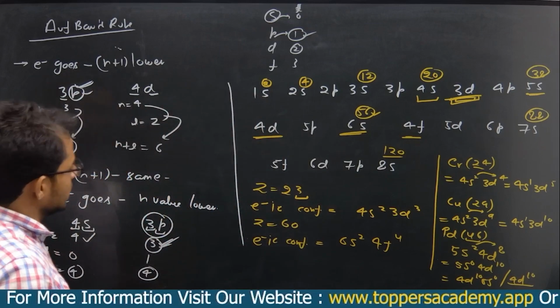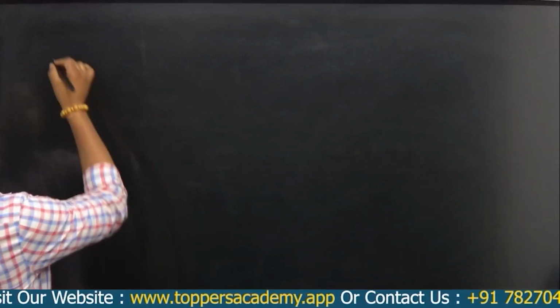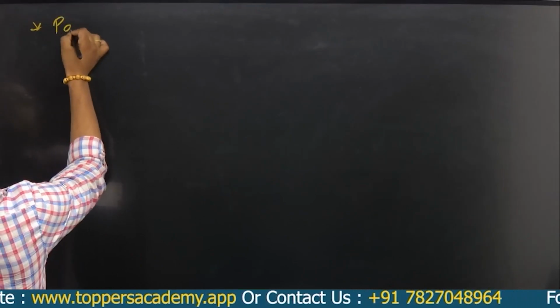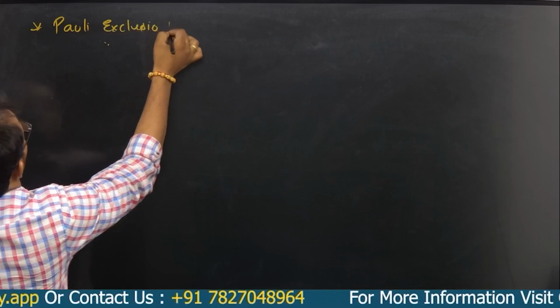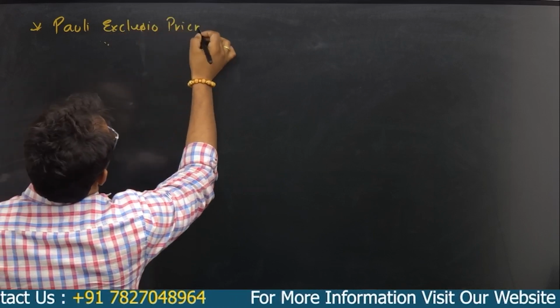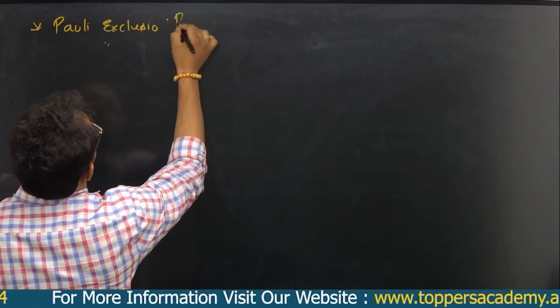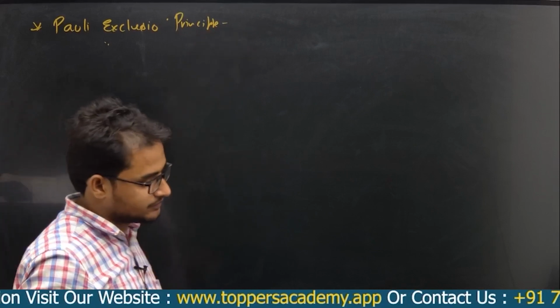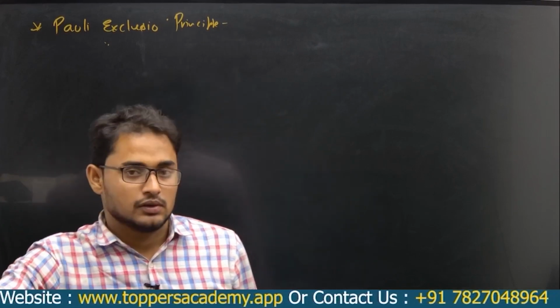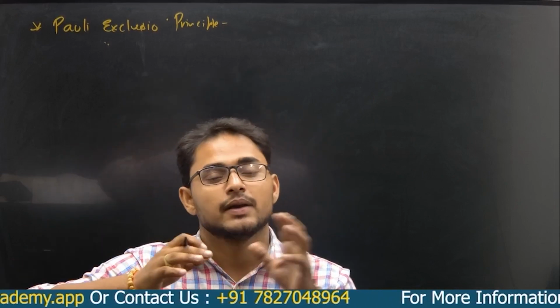Now I am going to tell you about Pauli exclusion principle. It says that if we talk about one atom, there may be many types of electrons in that particular atom.